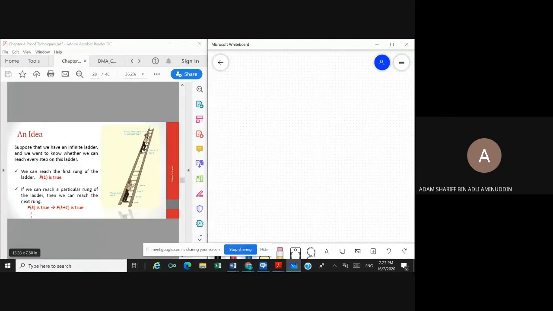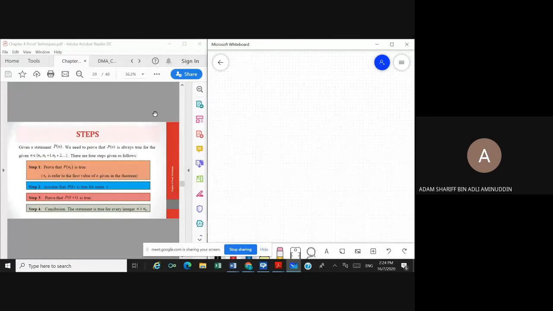You believe that the case of k is true, and you prove that k plus 1 is true, therefore you can reach the top, like the previous sum. Although this slide shows a 4-step, I always tell my students that it is actually a 3-step. The last step is just a conclusion. So I want you to remember 3 steps, because a conclusion must be there for every proof, right? So it's basic, it's not a step for me.